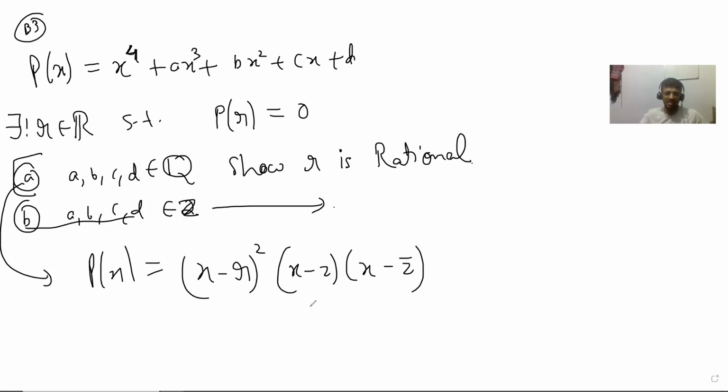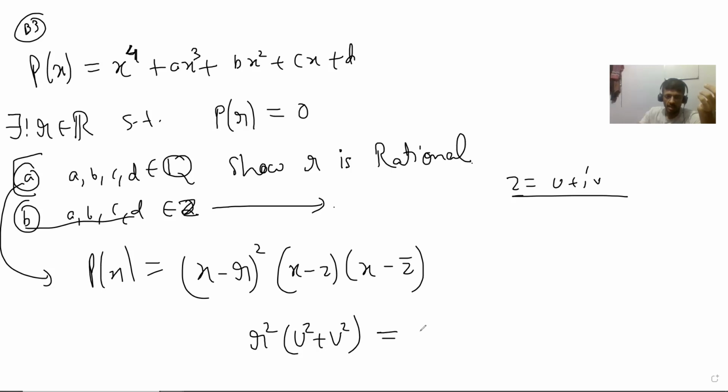All right. So let's see. If you write z, how should we write z? It's already x is u plus iv maybe. Right. So we have that (u square plus v square) times r square is rational.